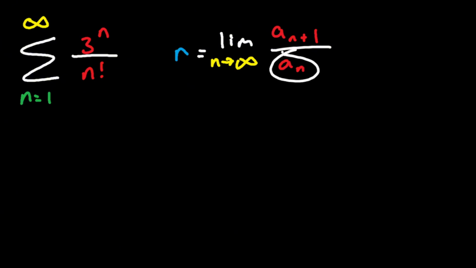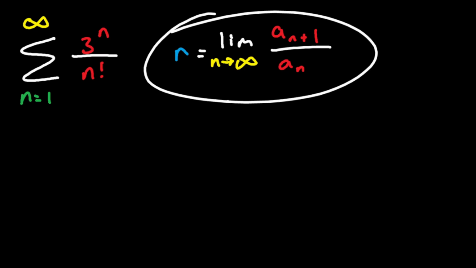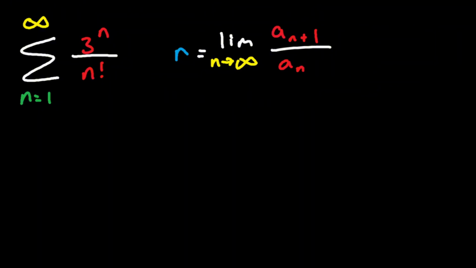And a of n is just your original series. So in taking this limit, you'll get some r value. It could be capital R, it could be lowercase, doesn't matter. I think most textbooks use a lowercase. I think that's what my teacher used when I took Calculus 2. So maybe you'll see it as that. But this limit is solely what determines convergence, divergence, or inconclusive.